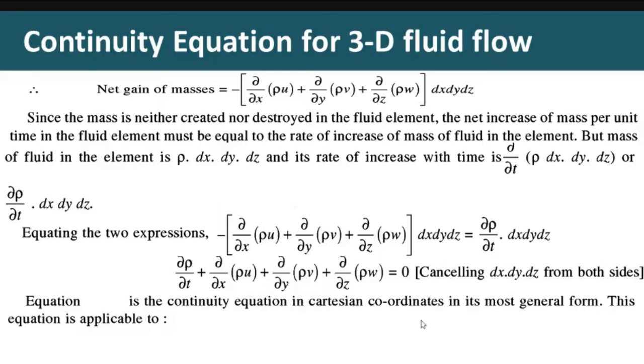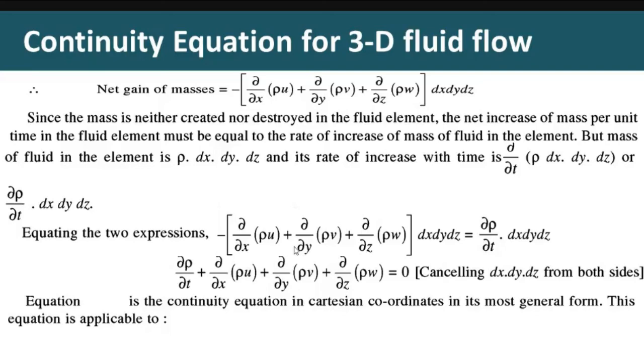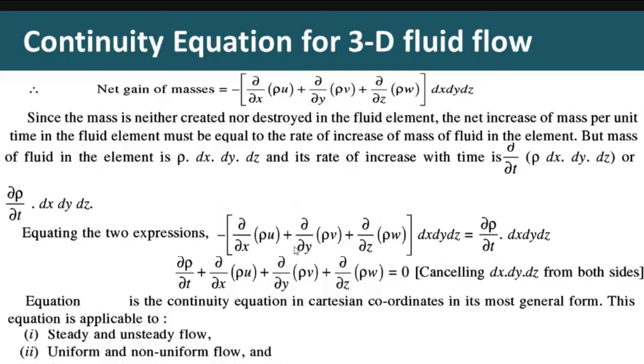So this is applicable for compressible flow. You can apply this equation to compressible flow. But for incompressible flow, here we will actually see some special cases: steady, unsteady, uniform, non-uniform, and compressible, incompressible. We will check these cases.